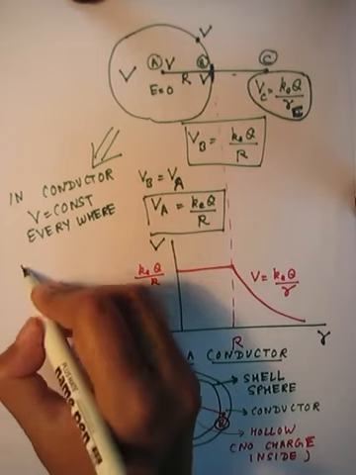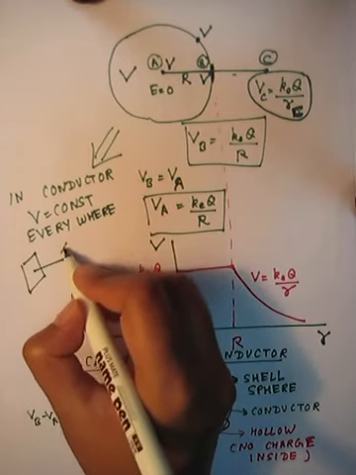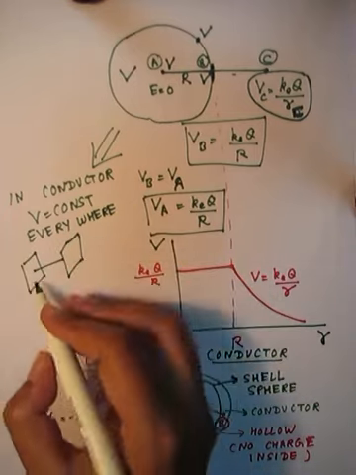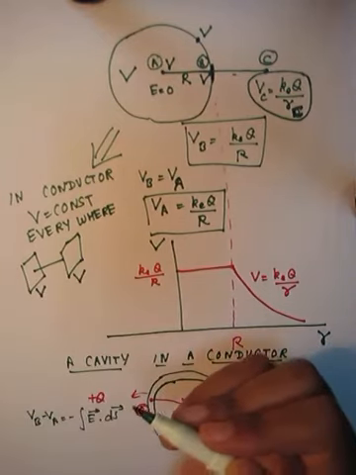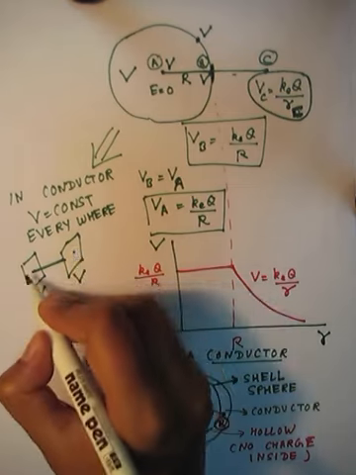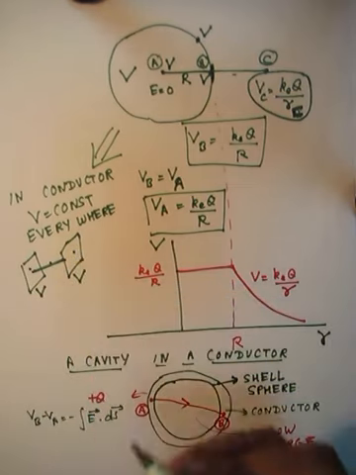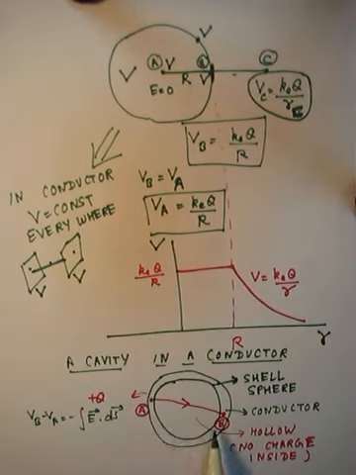Suppose you have a conductor joined by a wire. If this is at V, it will also be at V. If it is conductor and conductor, then it will be the same potential. So VB must be equal to VA.